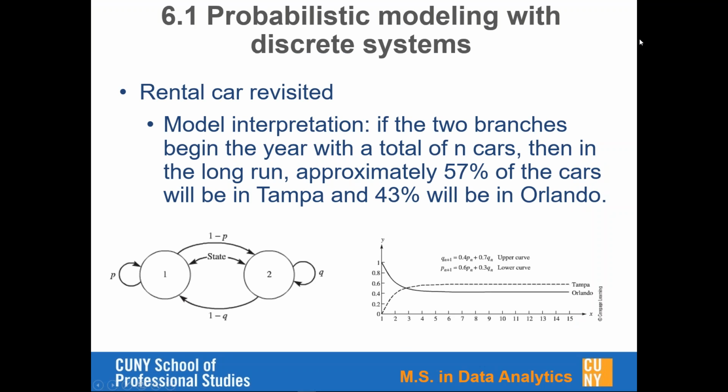And once we have this, because we already know that relationship, we could write the relationship for the quantity at time n plus 1, which would equal 0.4 pn plus 0.7 qn.